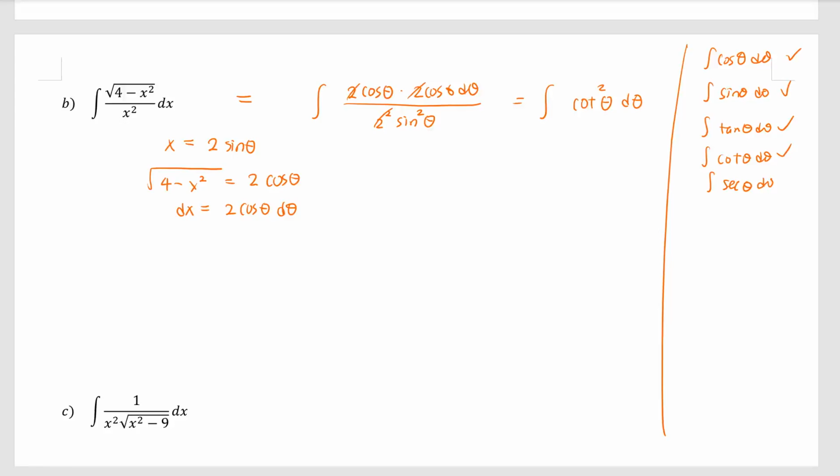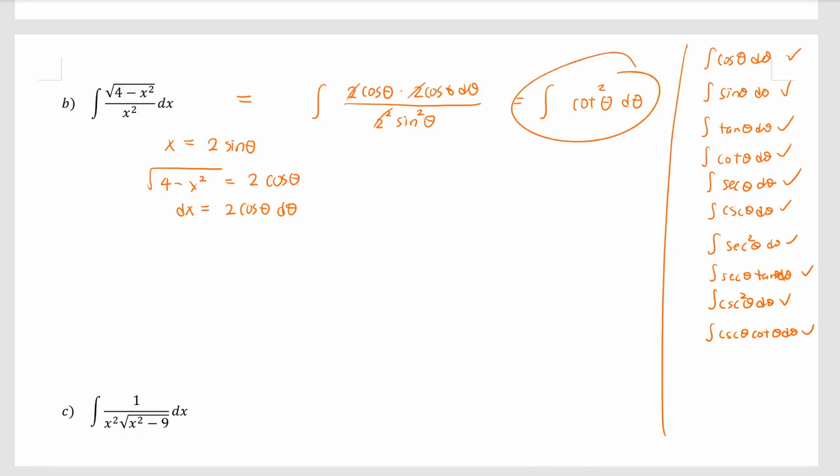Secant? Yes. Cosecant? Yes. And also secant squared and secant tangent, and cosecant squared and cosecant cotangent.